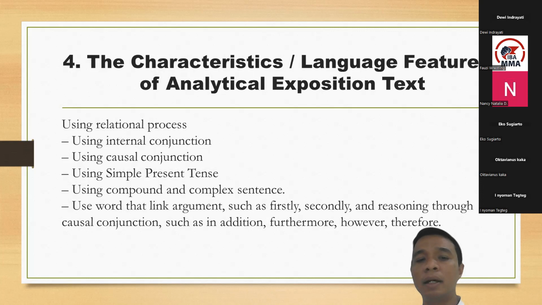A complex sentence consists of one independent clause and one dependent clause. The independent clause is represented by, like the example given earlier, I like to eat candy. Meanwhile, the dependent clause is represented by the example before I watch a movie.